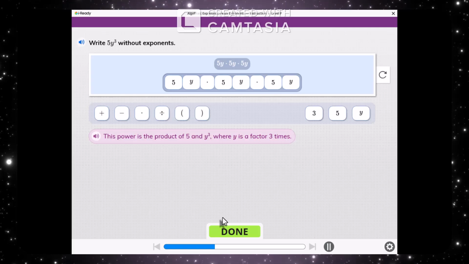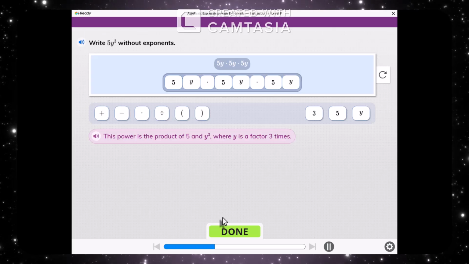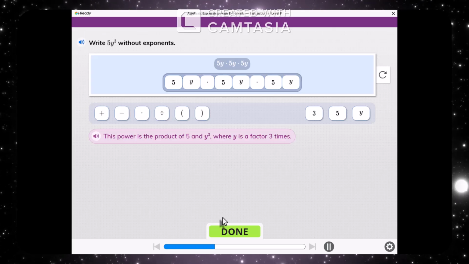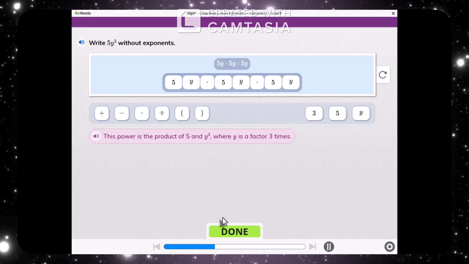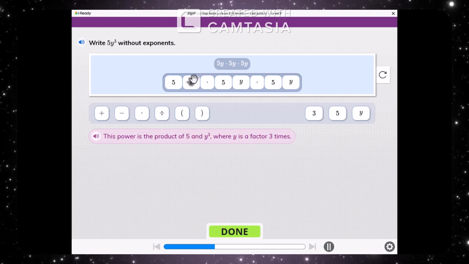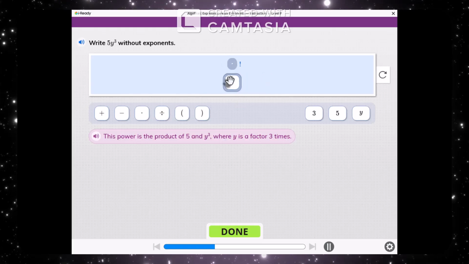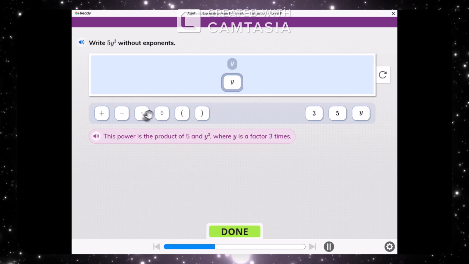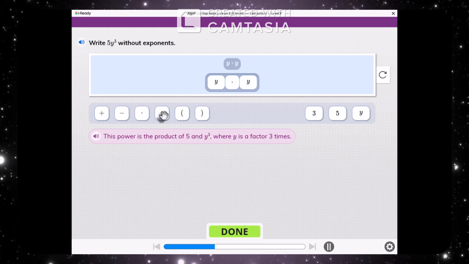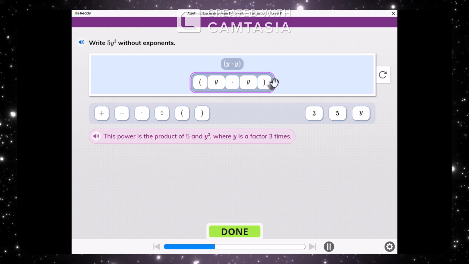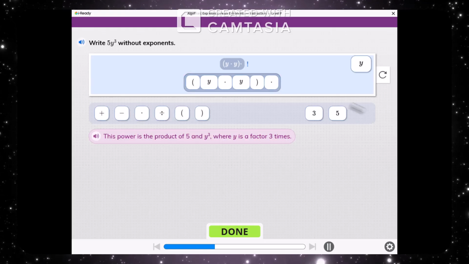Oh, before the bracket, wait. So it's y 3 times. This is a product of 5 and y 3 times. So then it's going to be 5 times y times y times y.